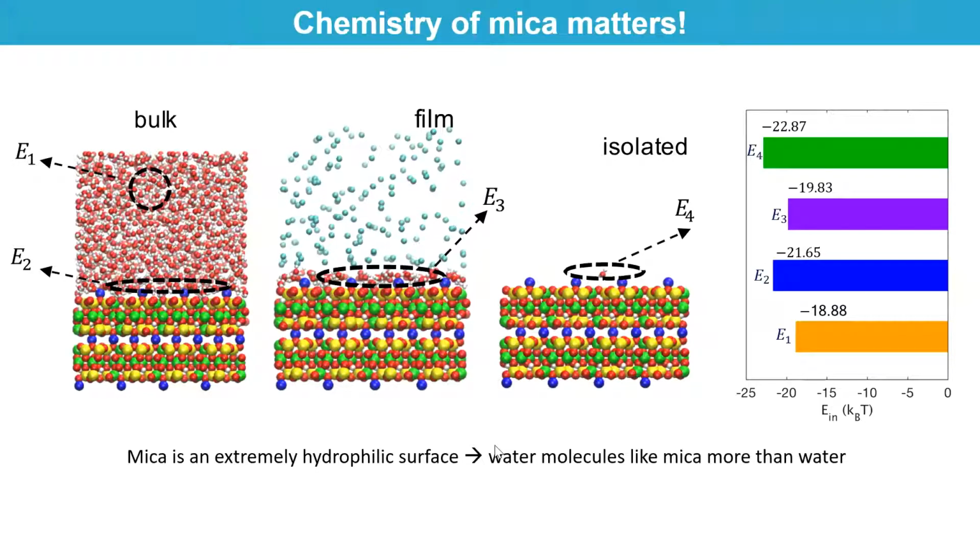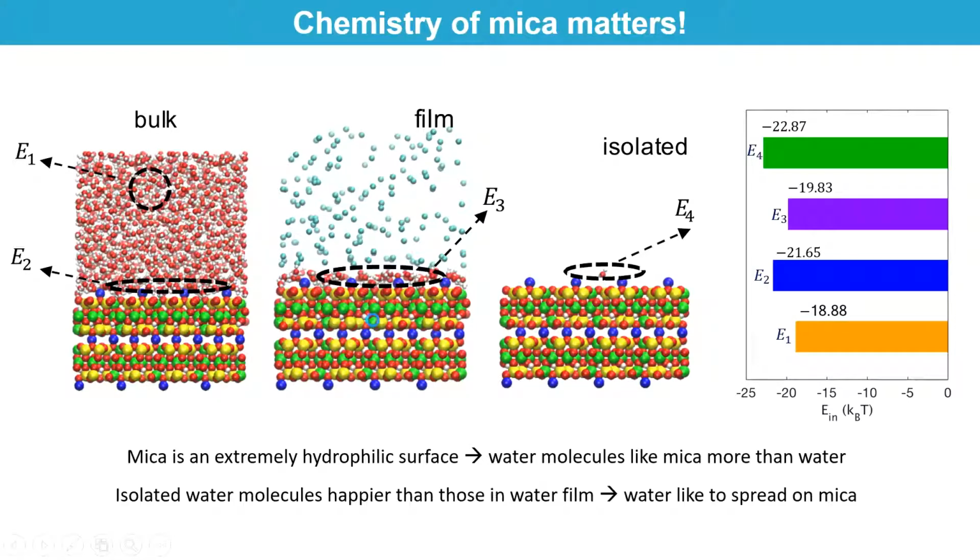Another interesting fact is that if a water molecule forms a single layer on the surface of mica, because of the strong interaction between the mica and the water molecule, an isolated water molecule has lower potential energy compared to a water molecule in a thin layer.